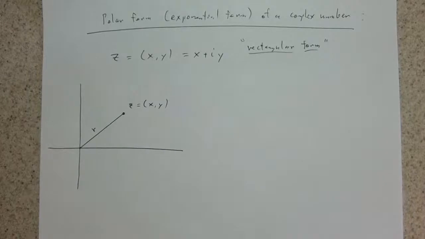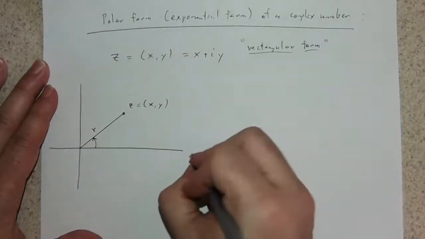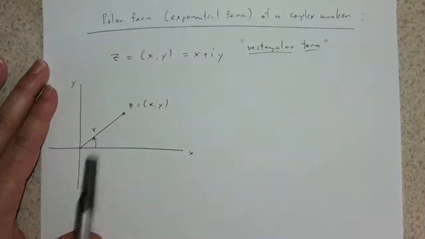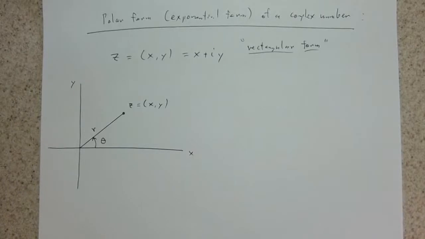Okay, and of course there is an angular measurement measured from the positive x-axis. Here's the x-axis, here's the y-axis. Measured from the positive x-axis, I have this angular measurement theta. And so the parameters r and theta can be used to specify a point.